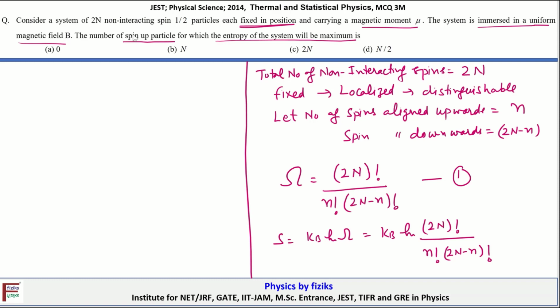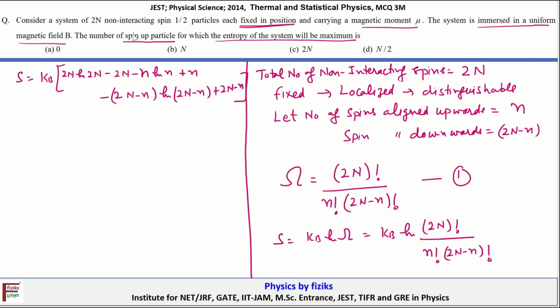After solving, we can write S equal to kB times 2n ln 2n minus 2n. We are applying the Stirling approximation here, and then to the denominator, minus n ln n plus n, minus (2n minus n) ln (2n minus n) plus (2n minus n).